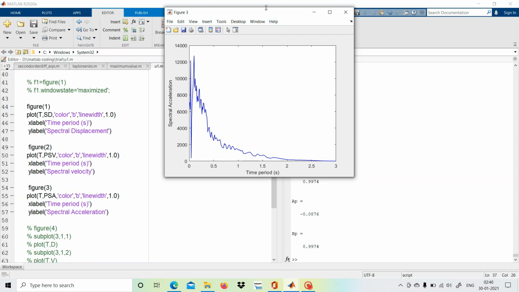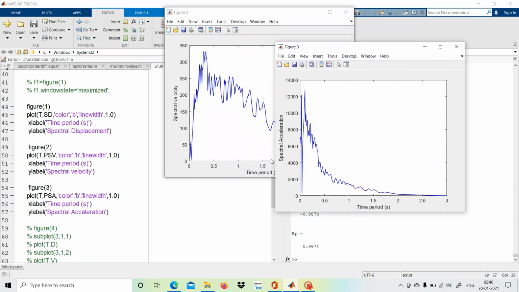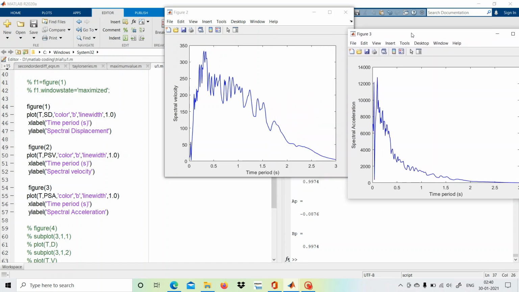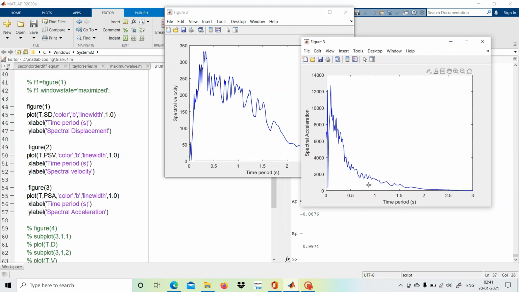Here is the spectral acceleration plot with different time period. Note that it is not the time duration but the time period.